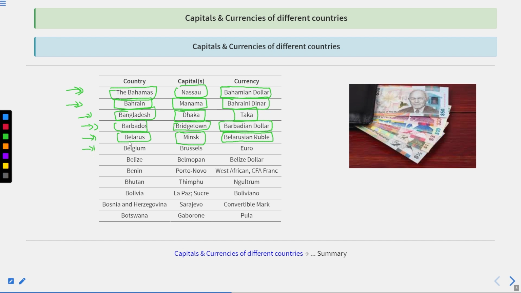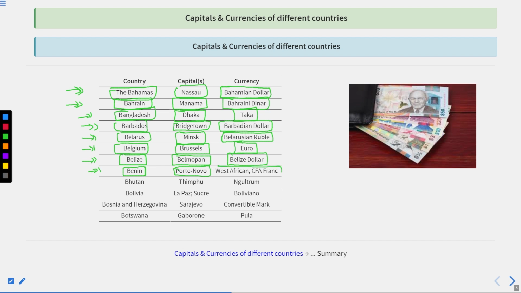Then Belgium, the country with capital Brussels. Currency is Euro. Belize, the country with the capital Belmopan. Currency is Belize dollar. Benin is a country. Capital is Porto-Novo.